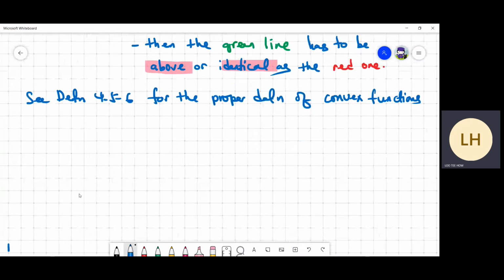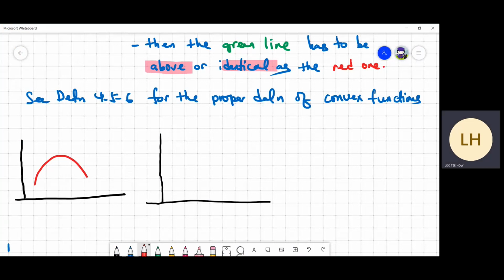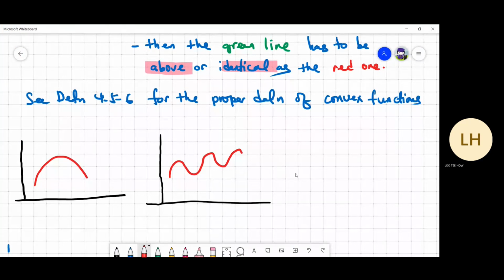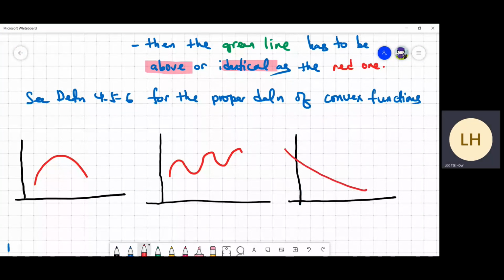Let's say this one is one of them, and another one, maybe this.